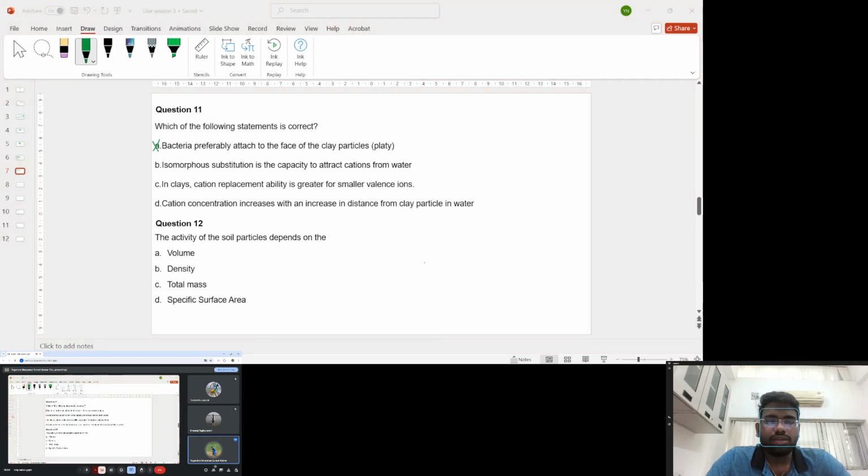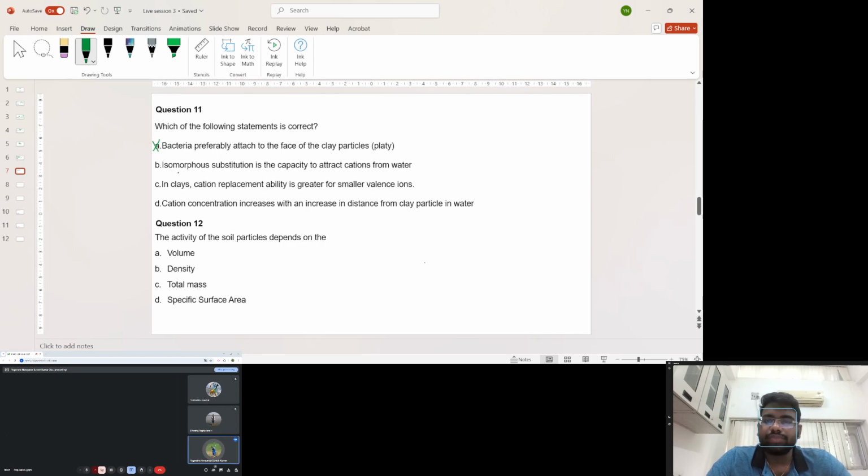Morphous indirectly means size. So isomorphous substitution is an exchange, or not an exchange, it is a replacement of lesser positive ion which are having similar ionic size.